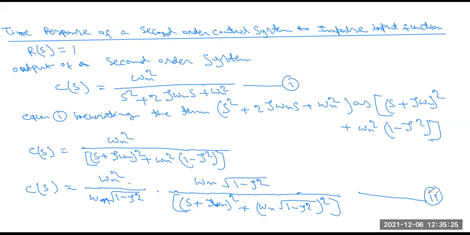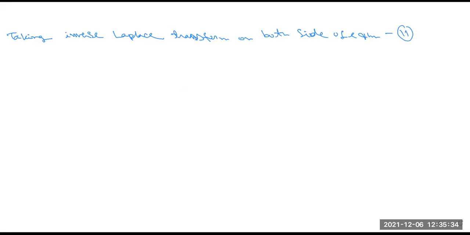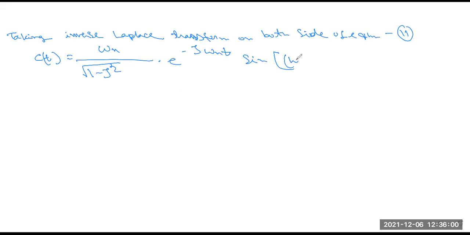So now taking the inverse Laplace transform of equation 2, the equation is coming: C(t) is equal to omega n by root over of 1 minus zeta square into e to the power minus zeta omega n t into sine omega n root over of 1 minus zeta square t.